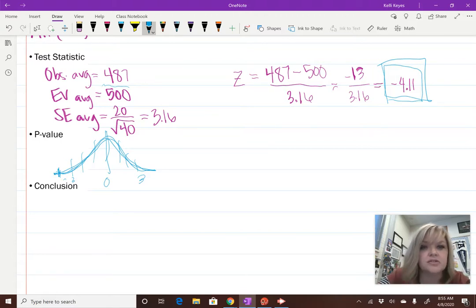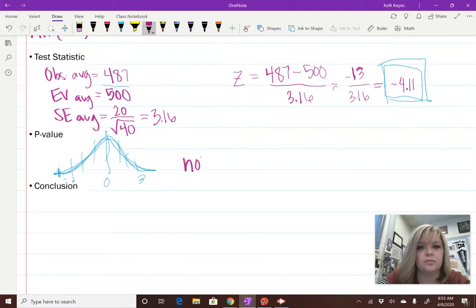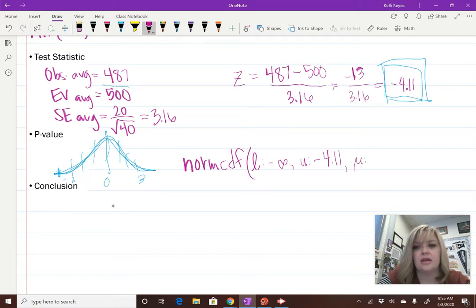Now we're going to do norm CDF. Since this is negative, my lower bound will be that negative number, my upper bound will be my negative z-score, and the mean stays 0 and the SD stays 1 since we found the z-score.